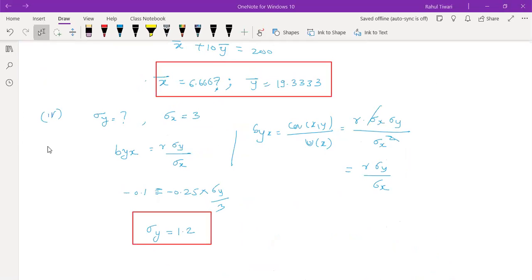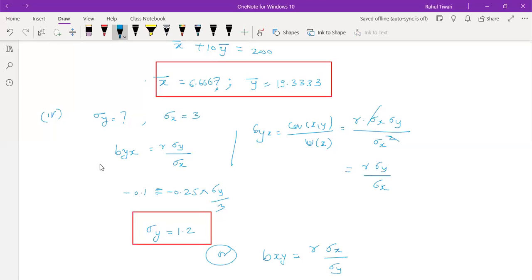So you need to understand this formula. You can either use this one, or you can use bxy, which is r times sigma x upon sigma y.